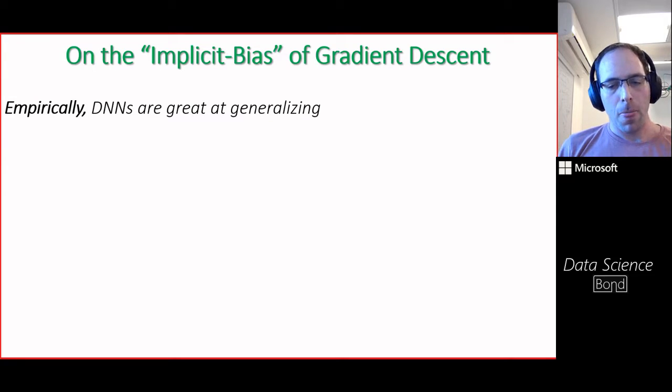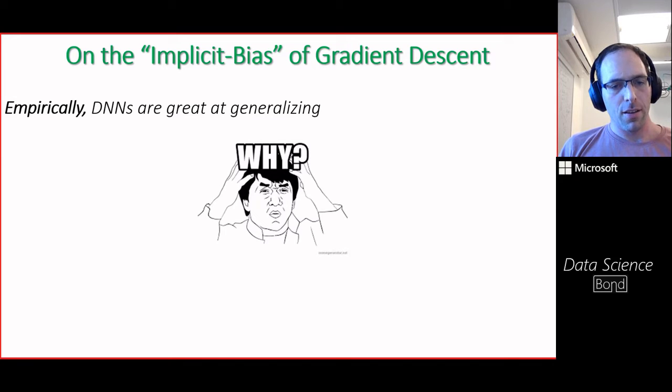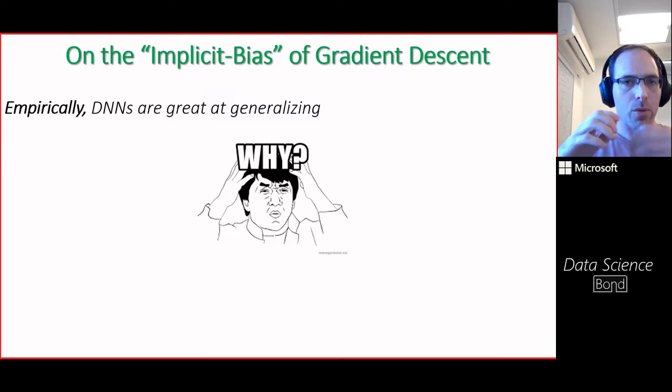But for some reason, deep neural networks fit the data, but also generalize very well to unseen data. And this has puzzled theoreticians. Why do deep neural networks converge to these solutions that also generalize very well?